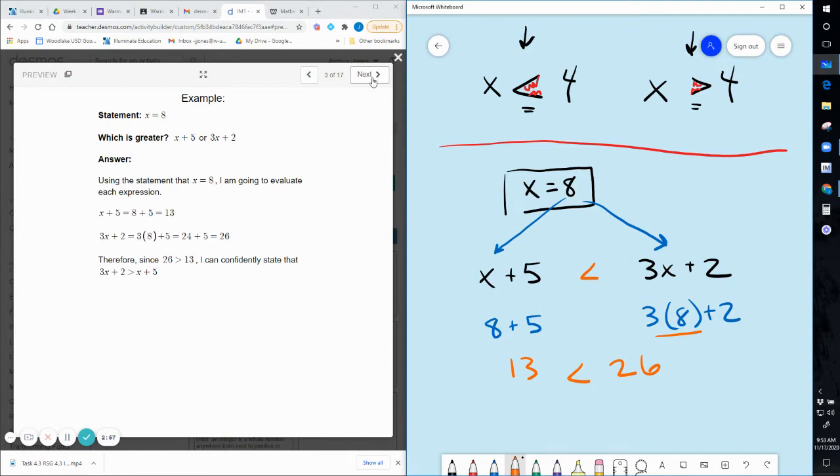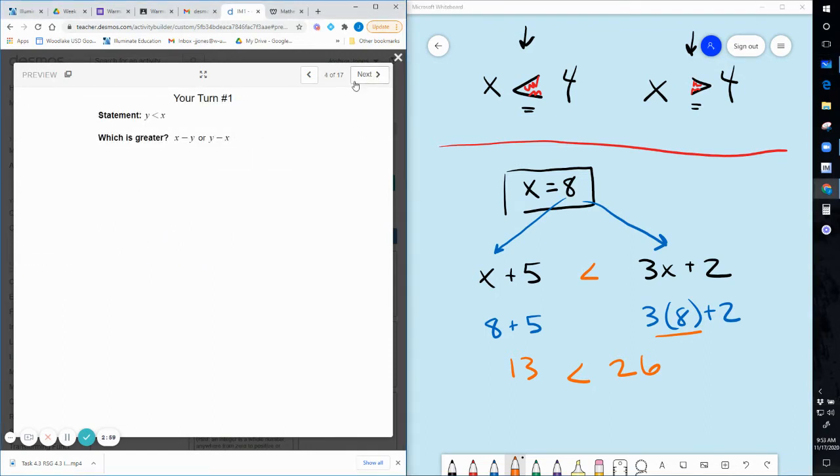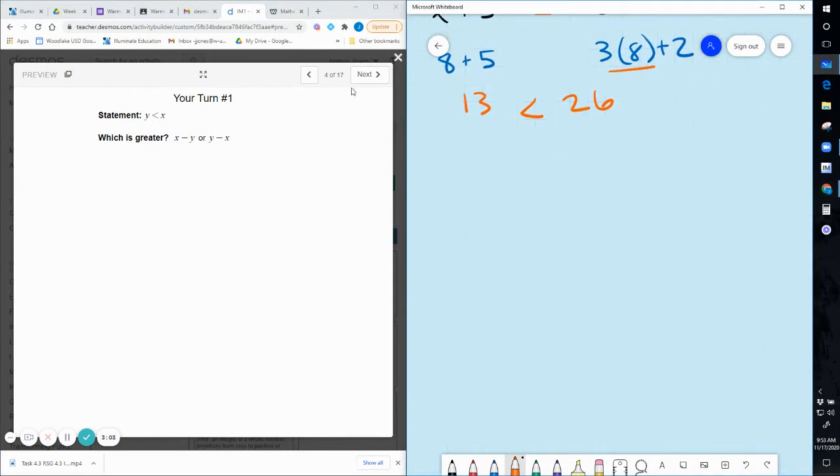So far, so good, right? All right, now it's your turn. You're going to have to basically solve this one. Here's our statement, so you can't forget that y is less than x.